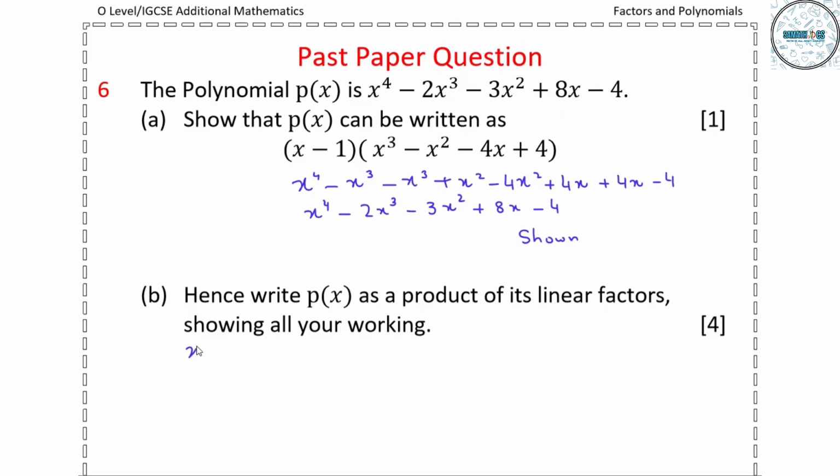When we factorize x power 4 minus 2x cubed minus 3x squared plus 8x minus 4, we get x minus 1 into x cubed minus x squared minus 4x plus 4.